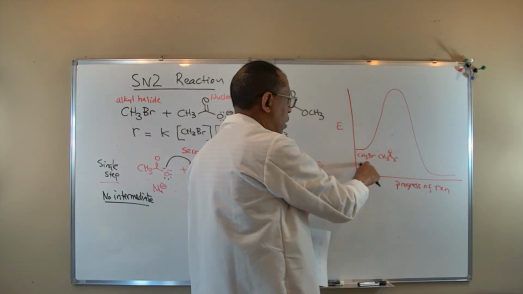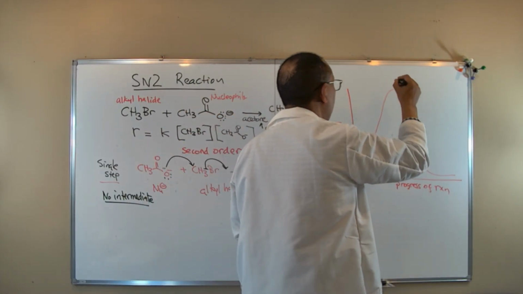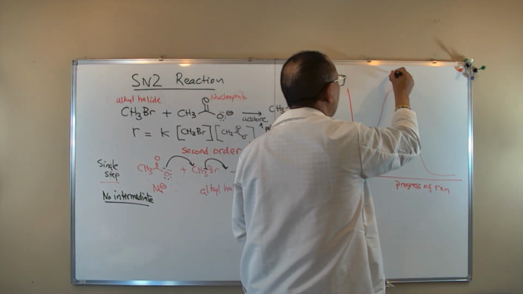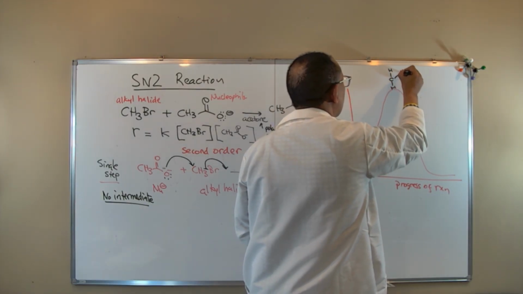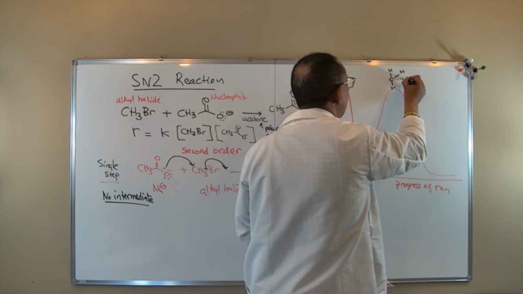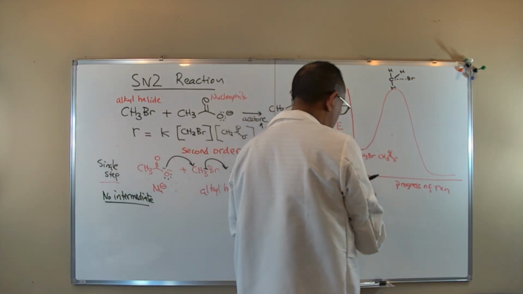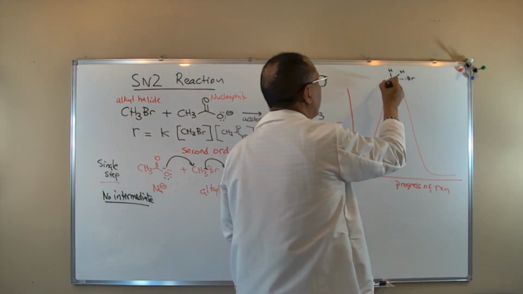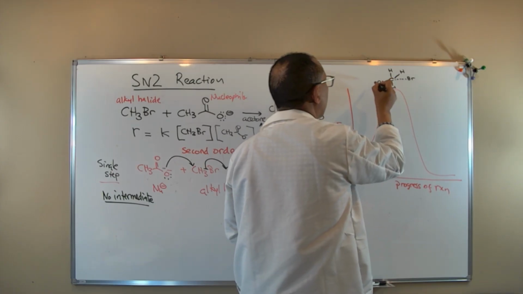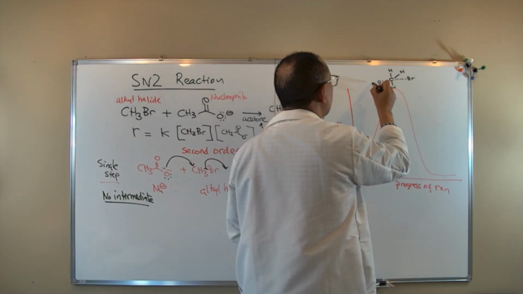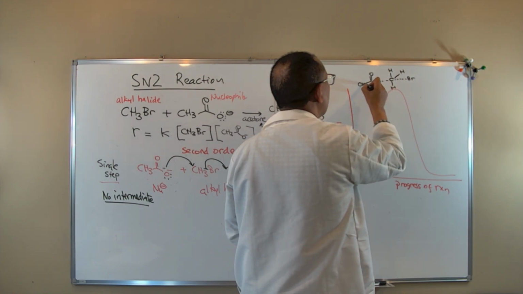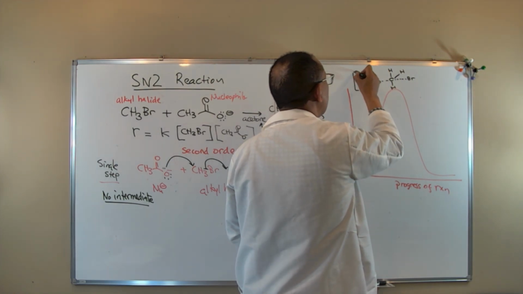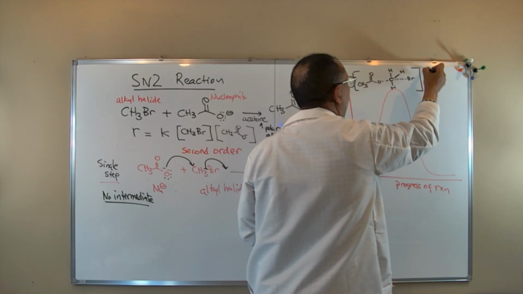But the transition state here looks like the C-Br bond is about to be broken, but the oxygen is about to form, and CH3. This is the transition state complex.